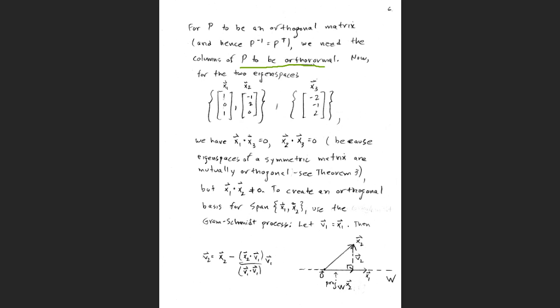And like I said, the dot products of x1 with x3 and x2 with x3 are 0. Those vectors are orthogonal because eigenspaces of a symmetric matrix are mutually orthogonal. That's by theorem 1. Actually, it's not theorem 3, it's theorem 1.